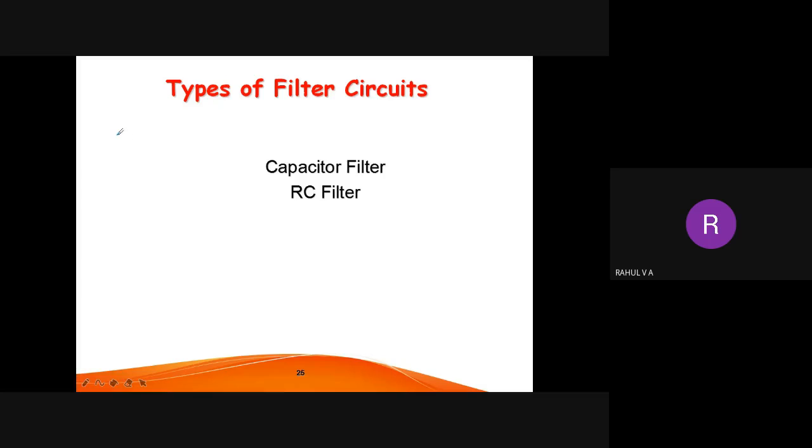So what you have done is you have connected... I think you understood the full wave rectifier, the bridge rectifier, and you also know the output of the bridge rectifier. You know how it will be. The output of the bridge rectifier will be like this. It is a pulsating DC.